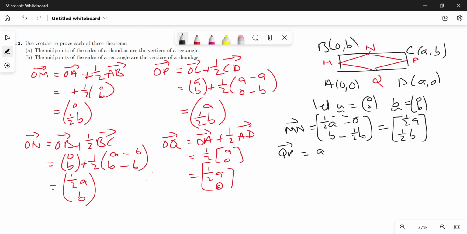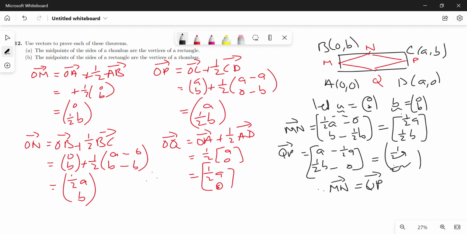We get (a, half b) and we're subtracting (half a, 0), so we do get (half a, half b) again. So we know that MN equals QP, they're the same vector, so parallel and the same length. Nice, so we know that so far.